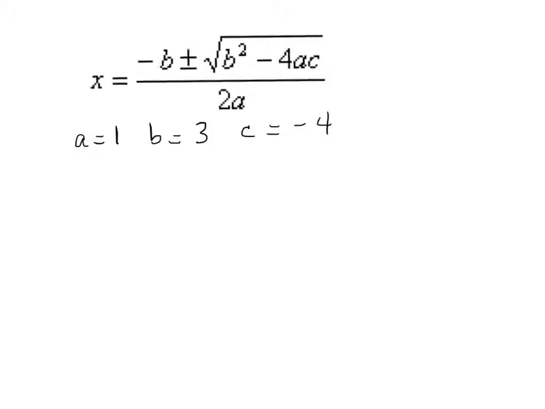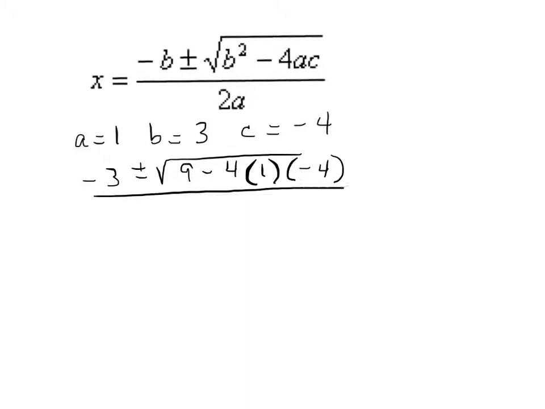So the first thing that I'm going to do is sub into my formula. So my formula here is x equals negative b, so I'm going to put in negative 3 because my b was positive, plus or minus, I'm going to go ahead and square 3, so 3 squared is 9, minus 4 times a is 1, times c is negative 4, and I'm going to divide that whole thing by 2 times 1.